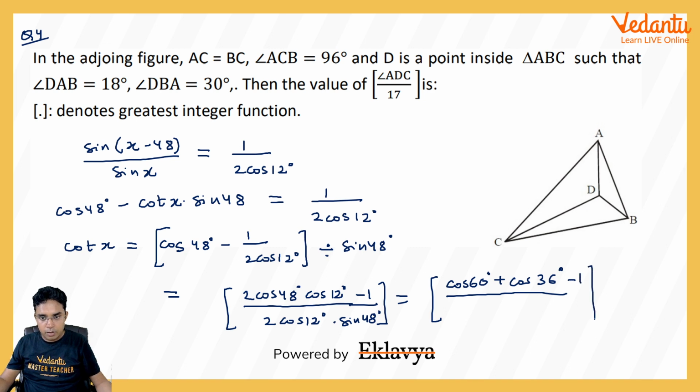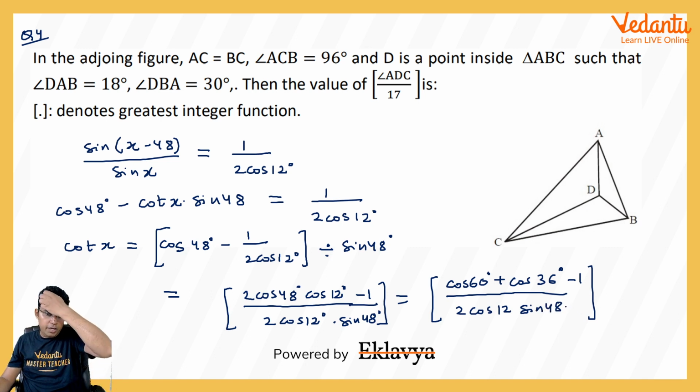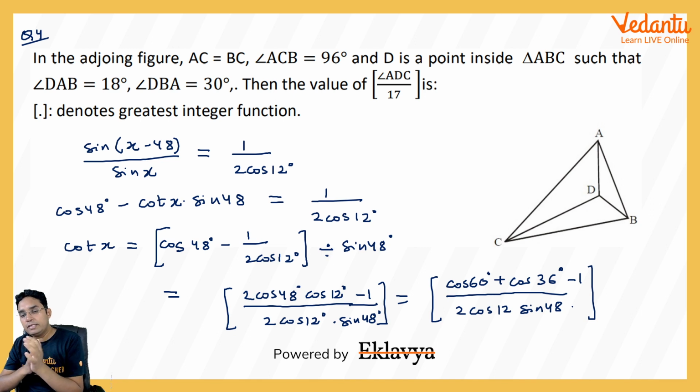minus 1 whole divided by 2 cos 12 into sine 48. I don't think if I use 2 sine A cos B, it will be any helpful, because we will get one angle as 60 but other will be 36, or let me think, we will get sine 60 plus sine 36.